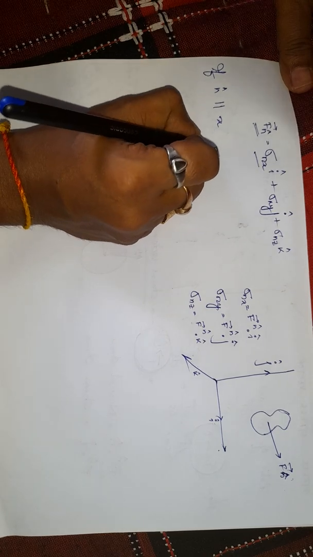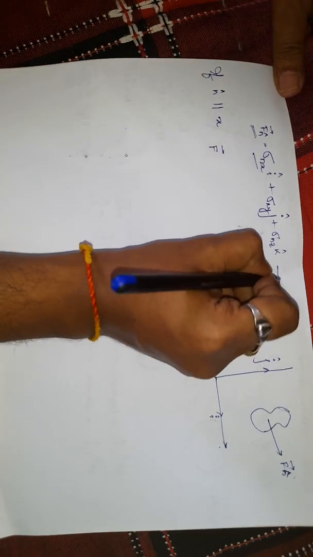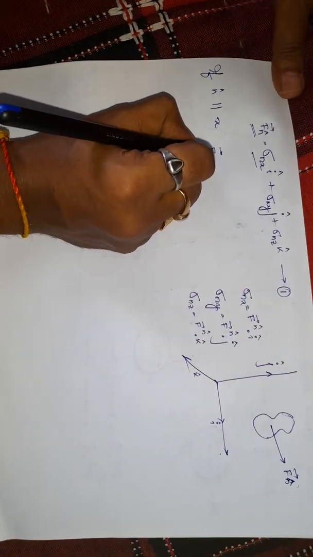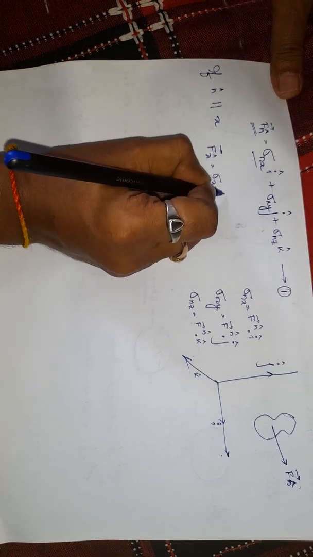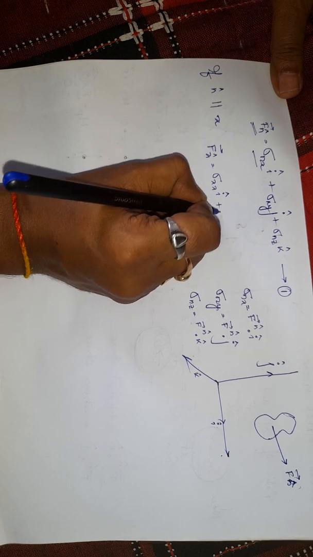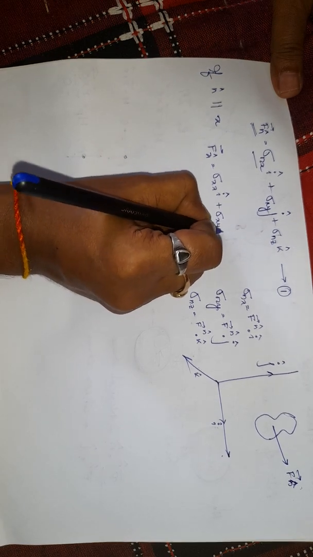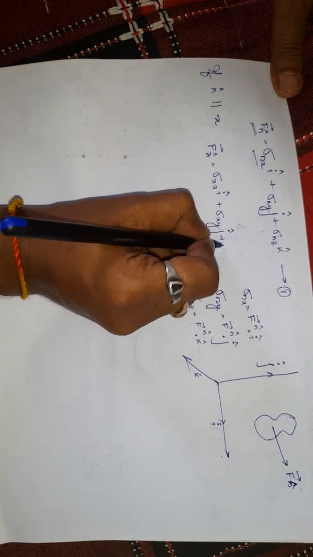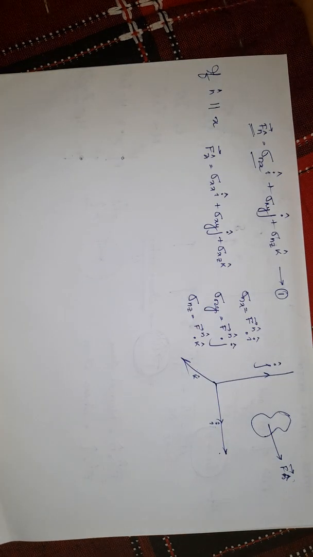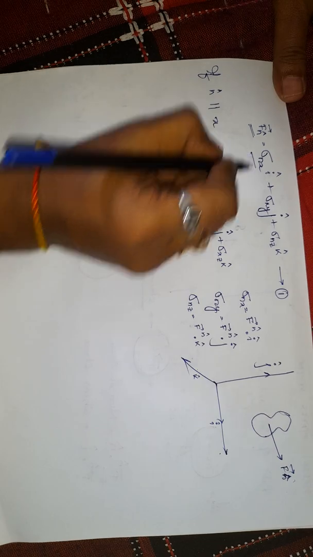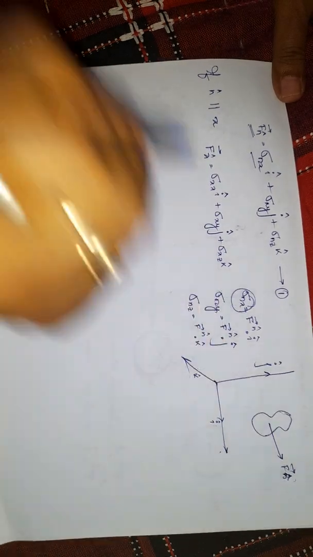Now if n cap is parallel to x-axis, it may be one possibility. Then from this particular equation, we are getting sigma xx i cap plus sigma xy j cap plus sigma xz k cap. And one thing you should remember about sigma nx, this is very important.